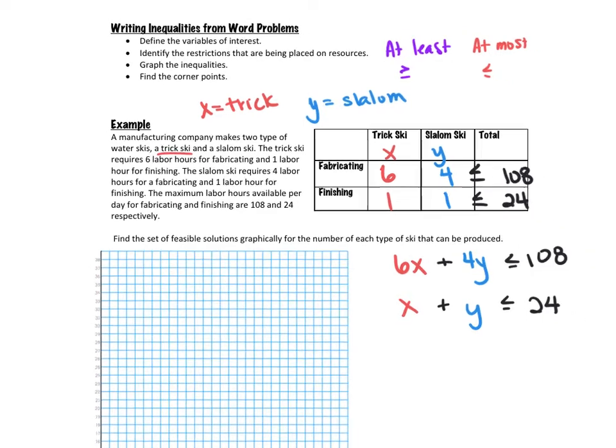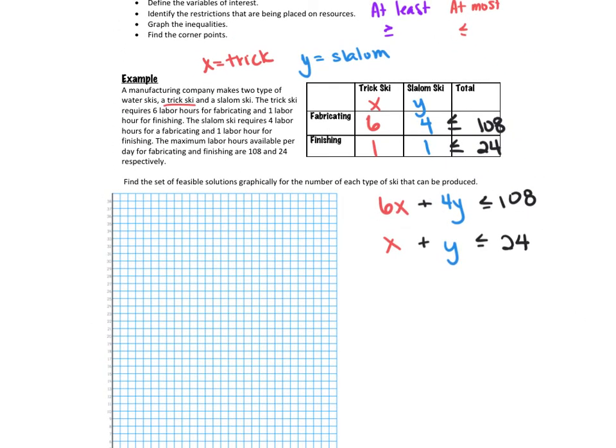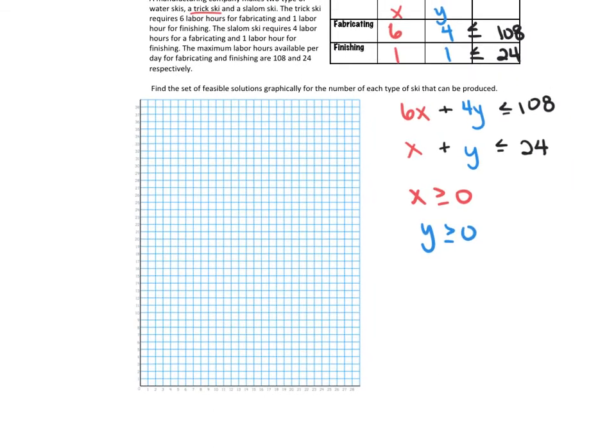The other thing we need to know is that we have to make something. So we have to make some trick skis, x greater than or equal to 0, and some slalom skis, y greater than or equal to 0. So we can graph these equations. Before we graph this, let's define our axes, x and y, with their actual variables. So x is a trick ski, and y is a slalom ski.